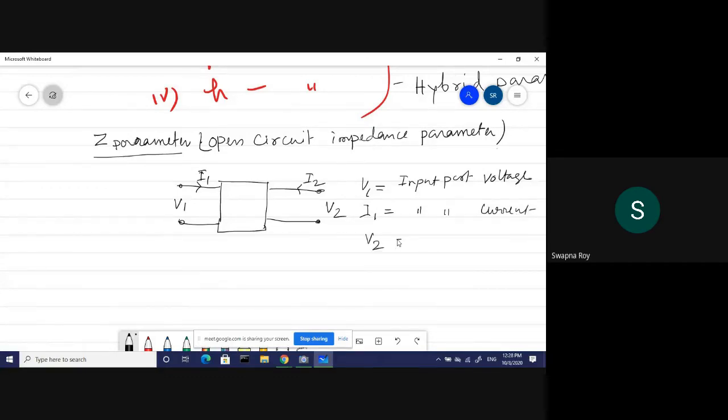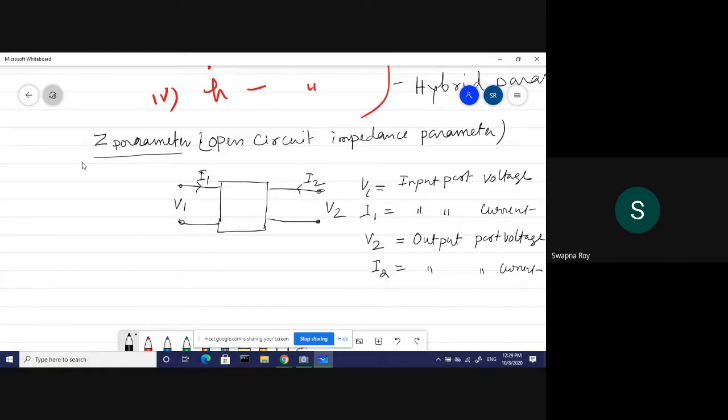Similarly, V2 is the output port voltage, I2 is the output port current. So what are the elements in Z parameters?